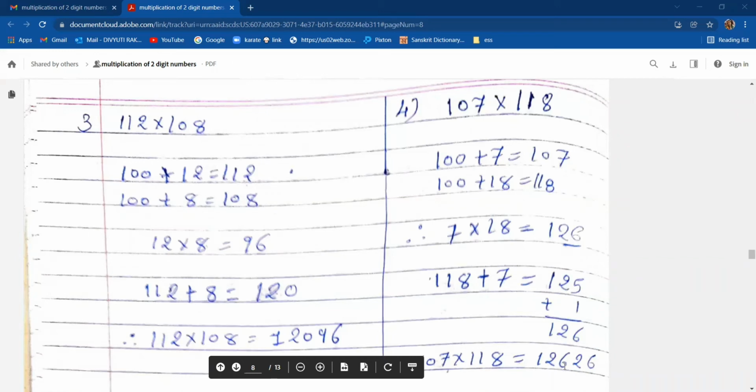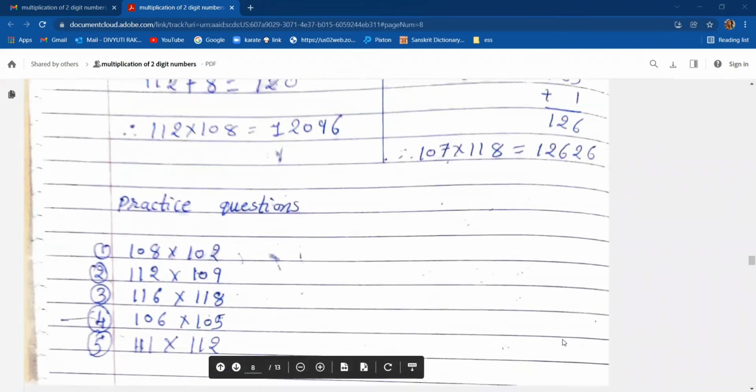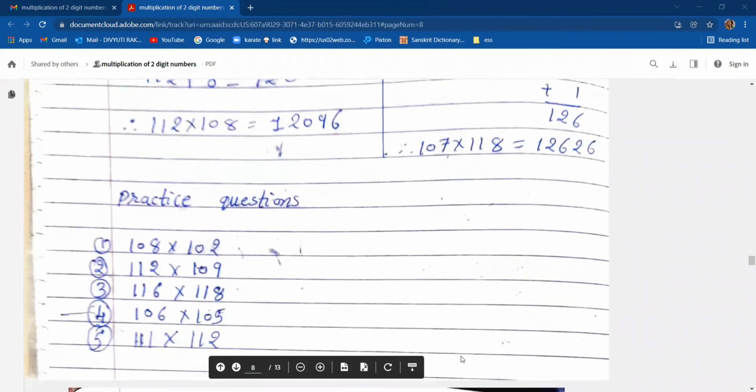So I think this whole concept is now clear. You need to understand that in multiplication answers, 2 digits, the tens digit as well as the unit digit only you need to take, and the hundreds digit must be taken as carry. Okay, so these are some practice questions.